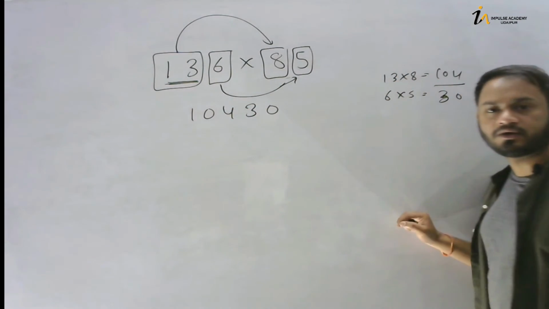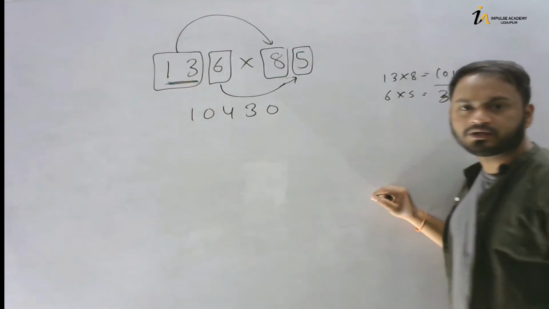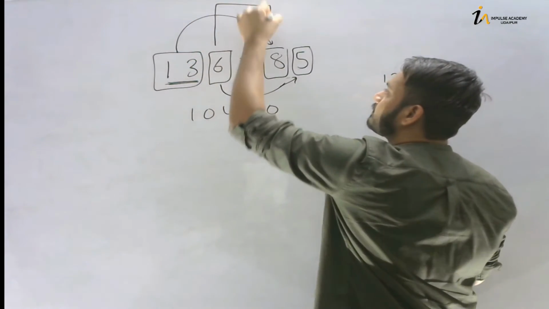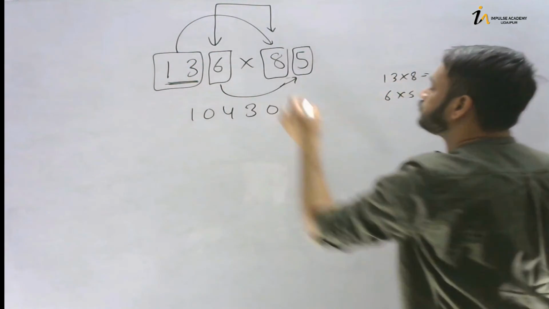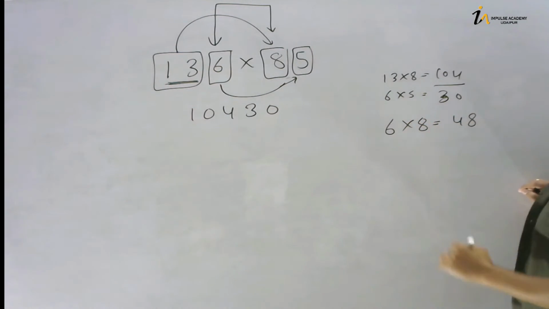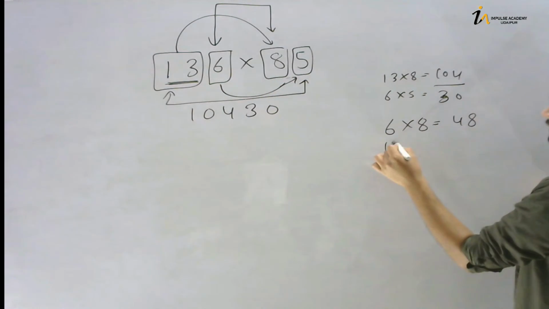So we have formed a 5-digit number. Now we again multiply 8 into 6, 6 eights are 48, and again 5 multiplied with 13.